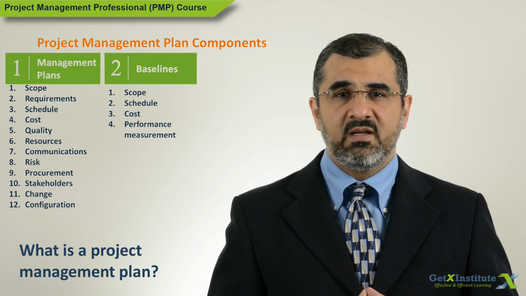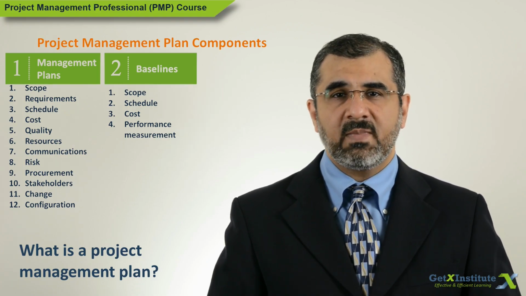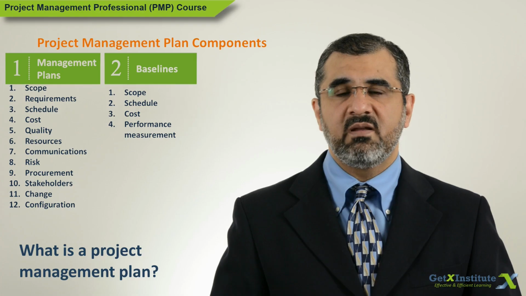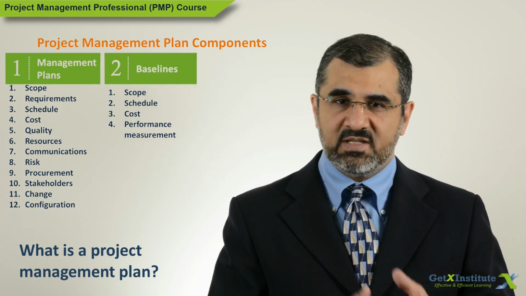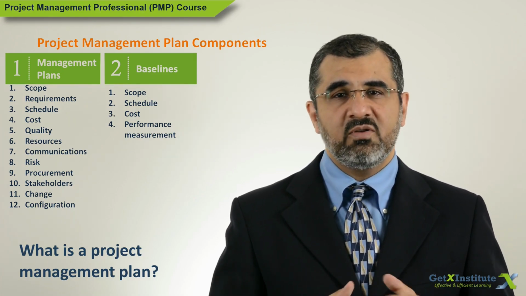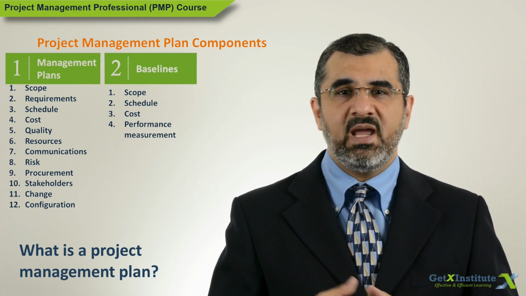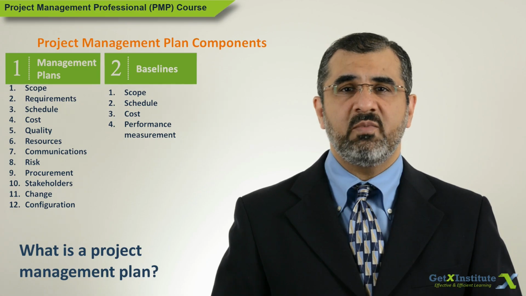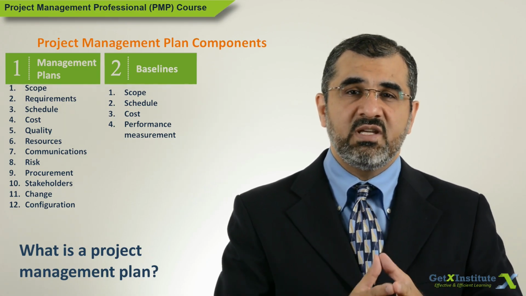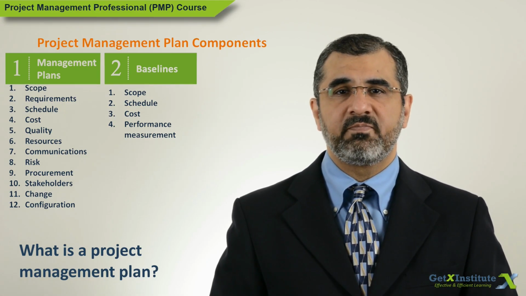That is why the change management plan and the configuration management plan also form part of this plan. Both of these plans are to control the changes to the baselines, plans, and other control documents, and also track those changes in the documents.